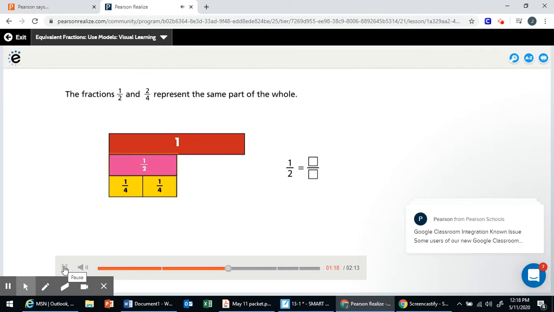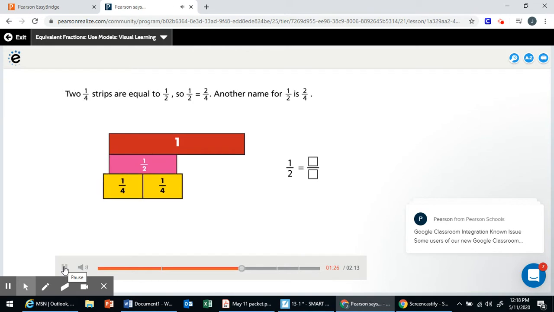The fractions 1/2 and 2/4 represent the same part of the whole. Two 1/4 strips are equal to 1/2, so 1/2 equals 2/4. Another name for 1/2 is 2/4.